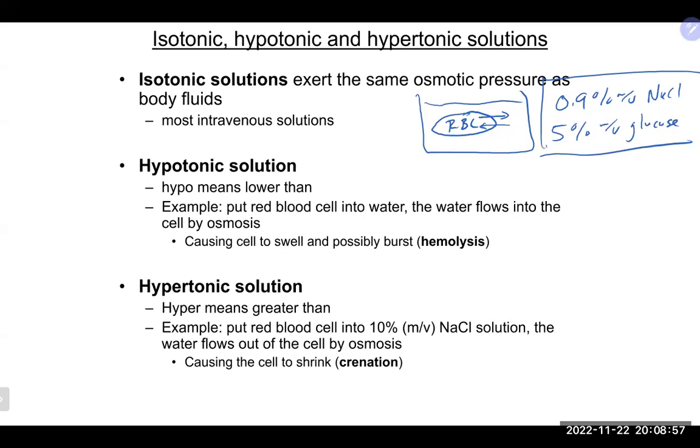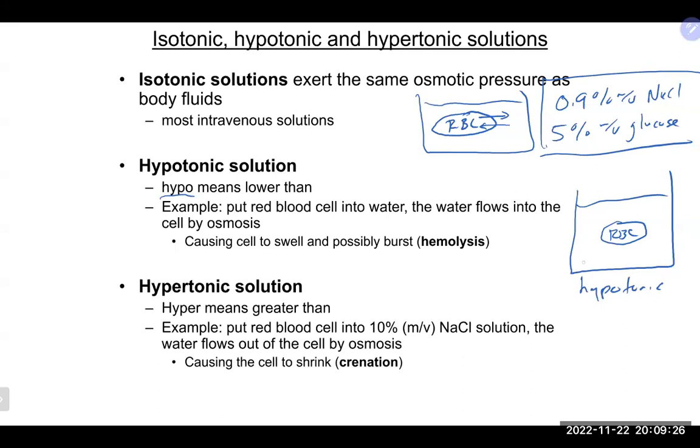So if you have a solution that's either above or below that, it is going to be either a hypotonic or a hypertonic solution. If you have a hypotonic solution, hypo means less than, so it would be less concentrated outside of the cell than inside of the cell. What would happen if you take your same poor red blood cell and put it into a hypotonic solution?